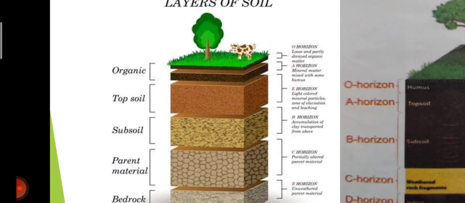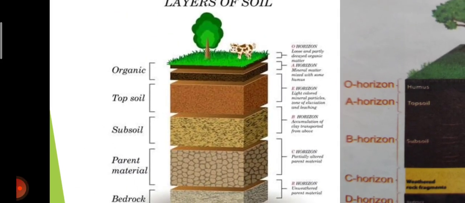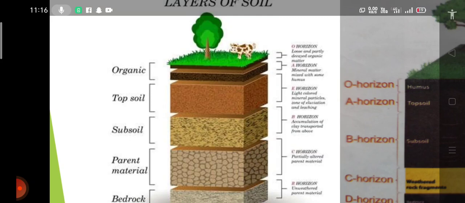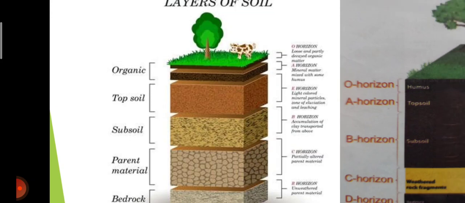The first layer, including the O horizon, is known as the topsoil. Under this topsoil is the subsoil, the B horizon.